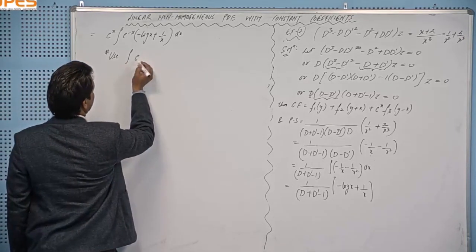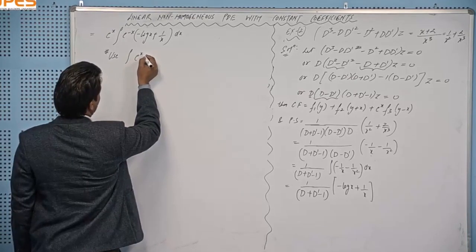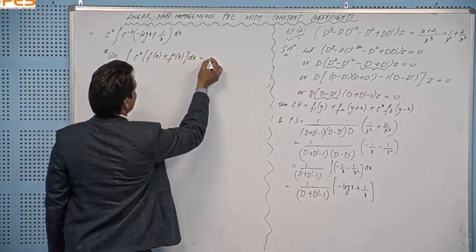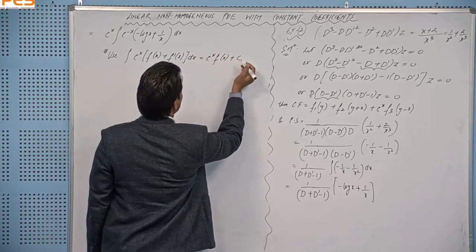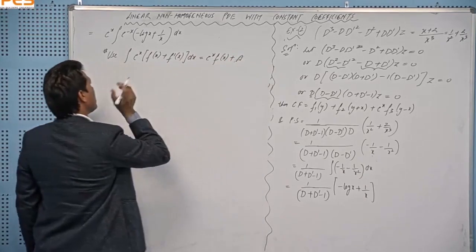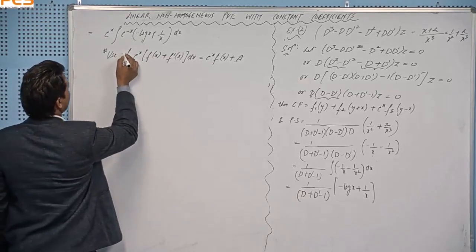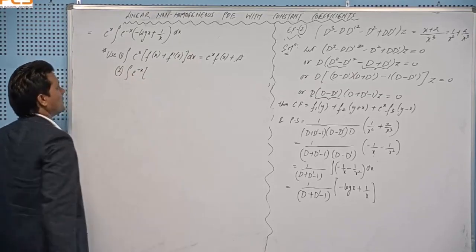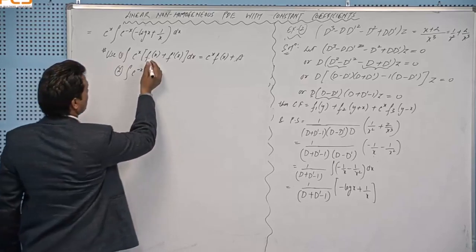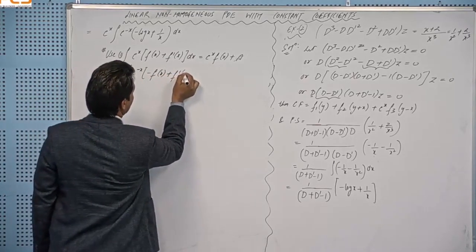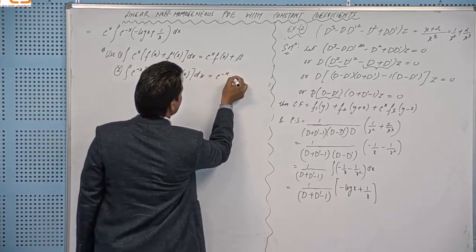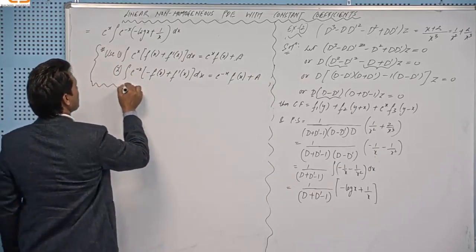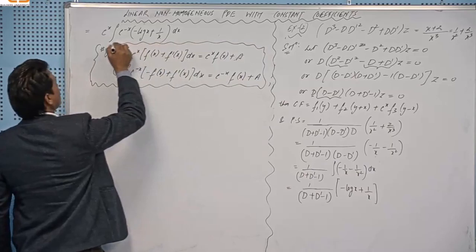Integration e to the power x, f x plus f dash x dx, is equal to e to the power x f x plus c, the constant of integration, I will write it as capital A. The second formula: integration e to the power minus x, if we have minus x here, then the formula changes slightly, minus of f x plus f dash x dx, and the answer is e to the power minus x f x plus capital A. So rely on using this direct result rather than applying integration by parts.